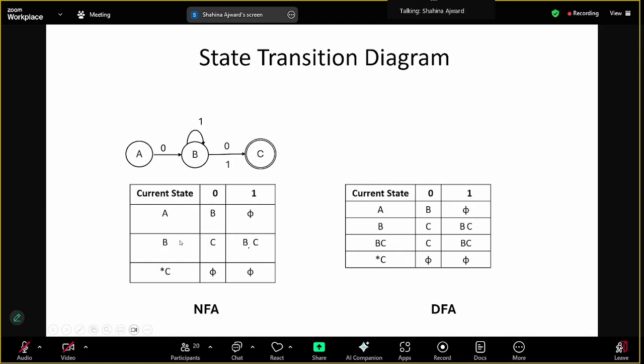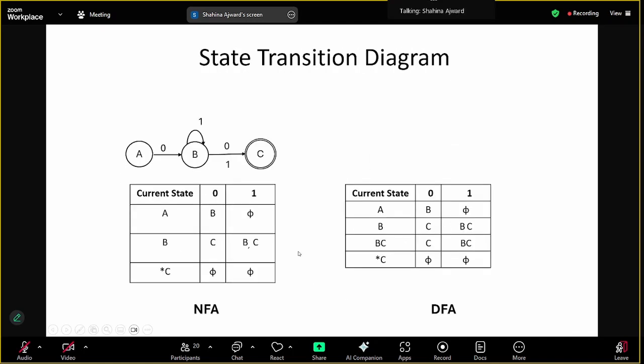In our NFA the final state is C. So in the DFA, if you define any new state that includes the final state of the NFA, then that is again a final state in the DFA. So BC also should be a final state. This DFA will have two final states, BC and C. Is that clear?